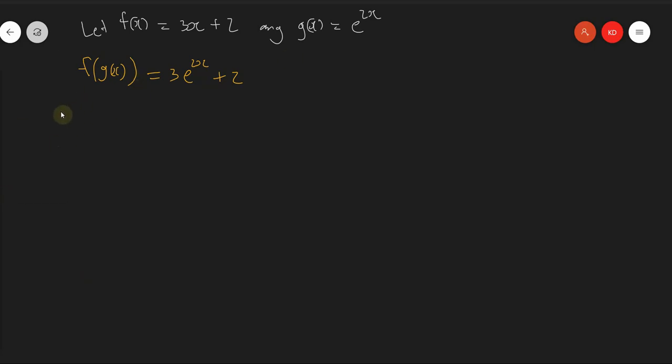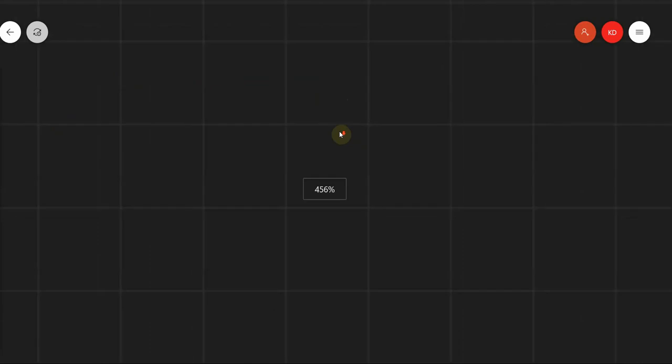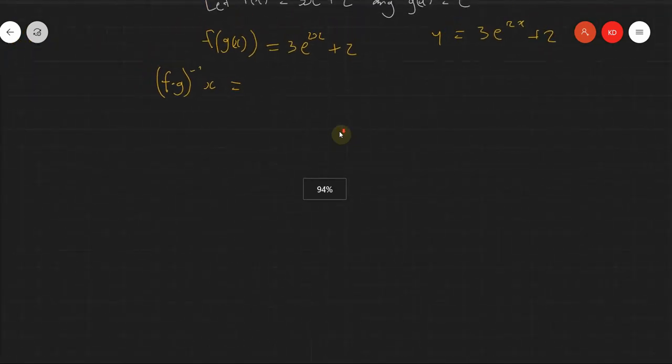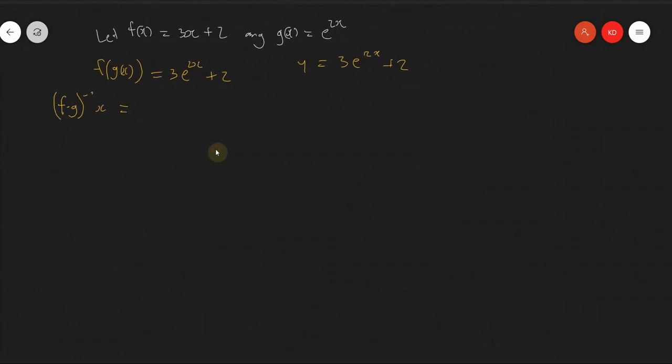So let's do that. Same procedure: let this be y, so you would have y is equal to 3e to the 2x plus 2, and x is equal to 3e to the 2y plus 2.